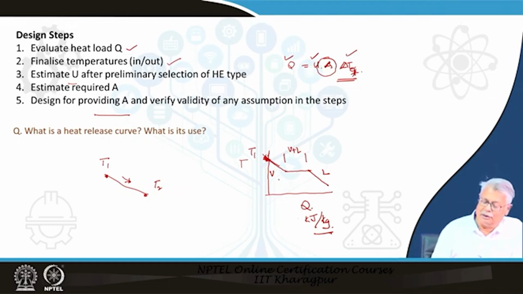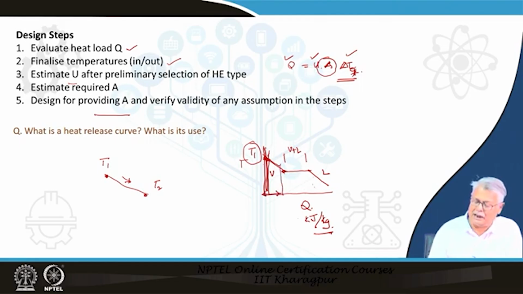This gives us a very big advantage. If I am going to design a de-superheater condenser, that means what enters at a temperature T1, we know from this curve how much will be the quantity of heat removed in de-superheating, how much will be the heat removed during condensation, and how much will be the heat removed during the subcooling of the liquid.